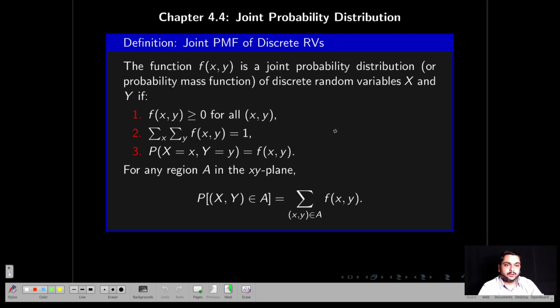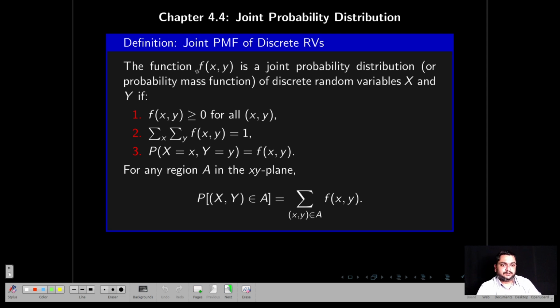The first one is joint PMF, that is for discrete random variables. We call it probability mass function. So if we have two discrete random variables, then we call it joint probability mass function. Let us understand the definition.